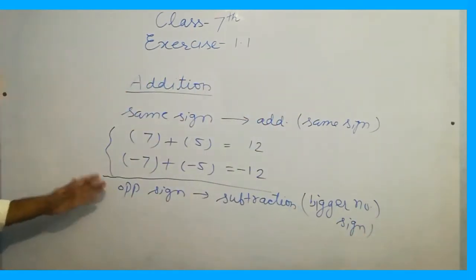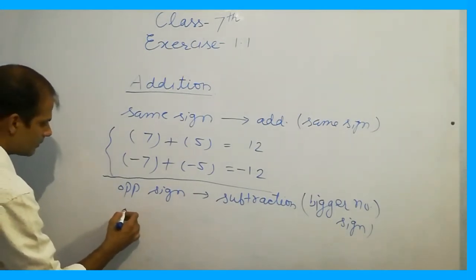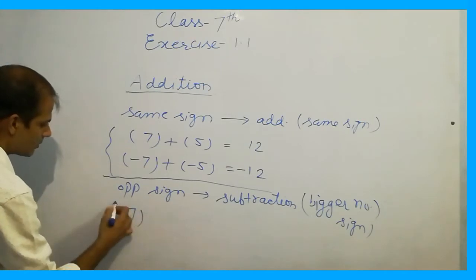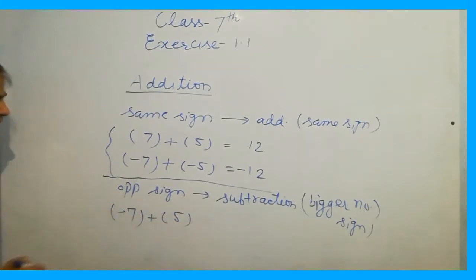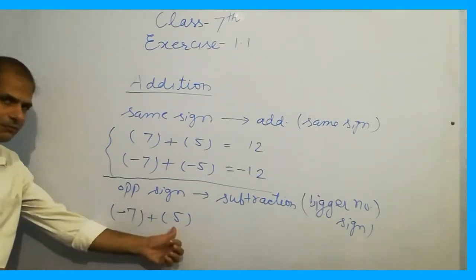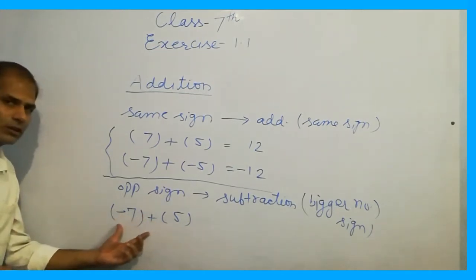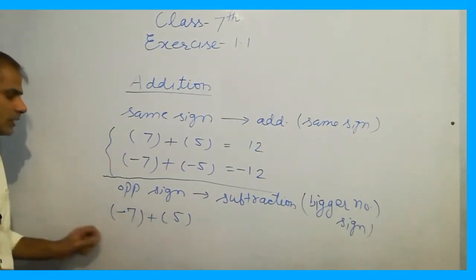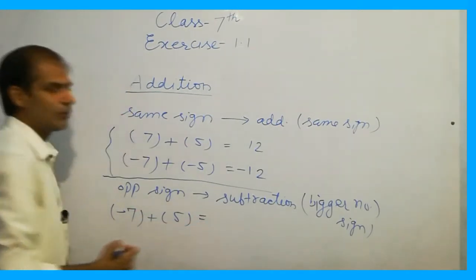Alright, regarding this point I give you an example. For example, if the number is minus 7 plus 5, you are adding minus 7 and 5. If you are adding both these numbers and these have opposite signs, negative and positive, in this case you will perform subtraction.